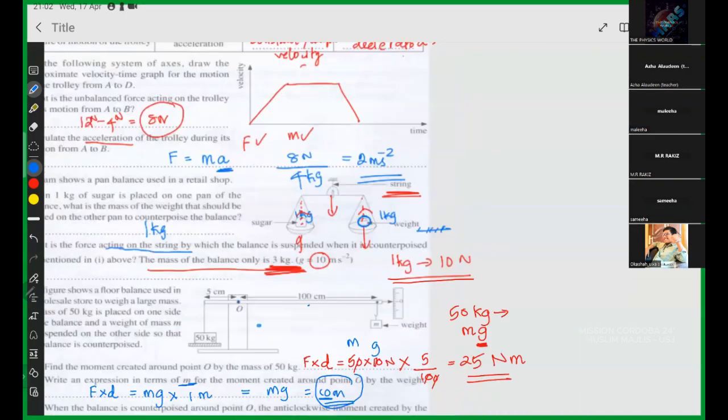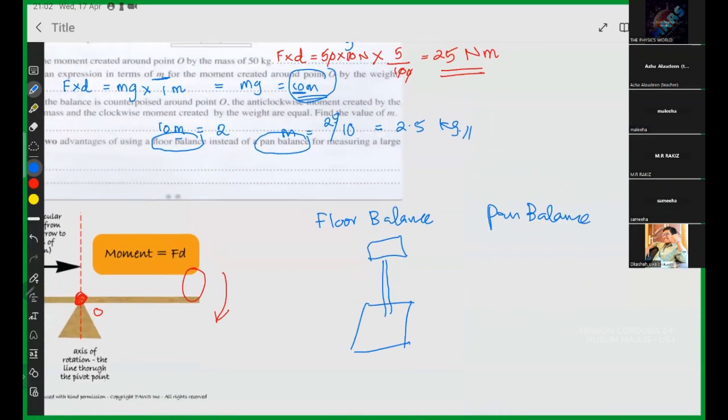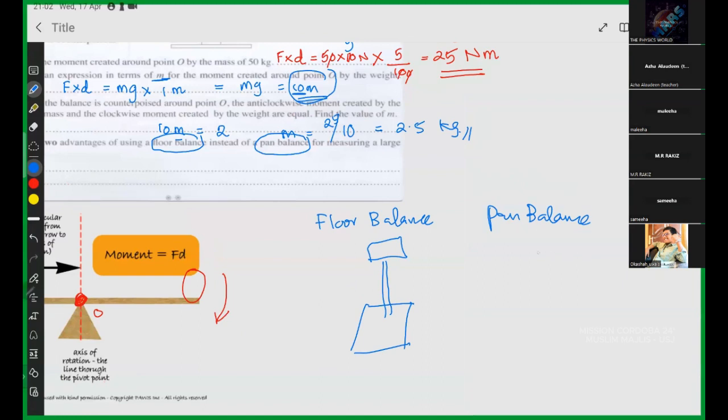This is a floor balance. And the pan balance is the one mentioned here. So tell me what are the advantages of using a floor balance.